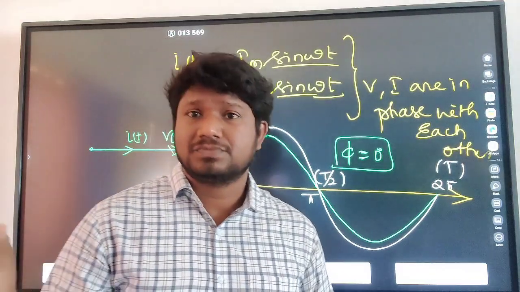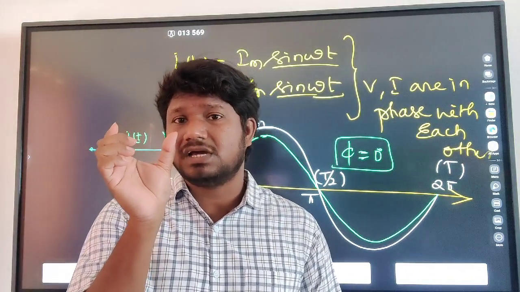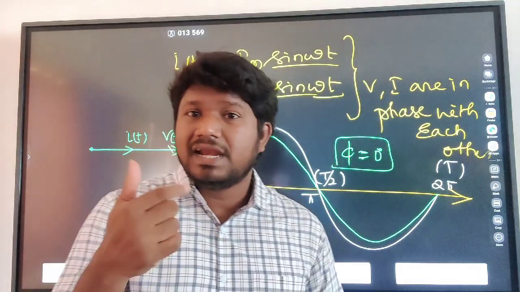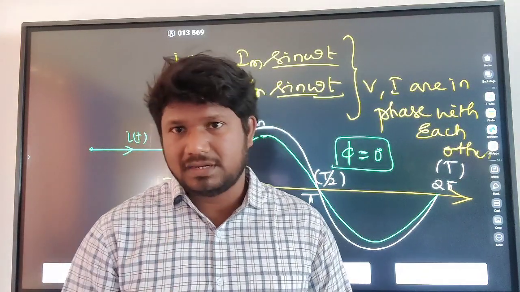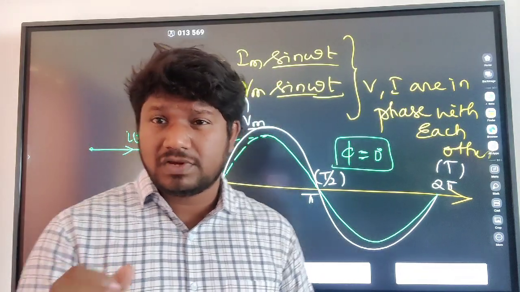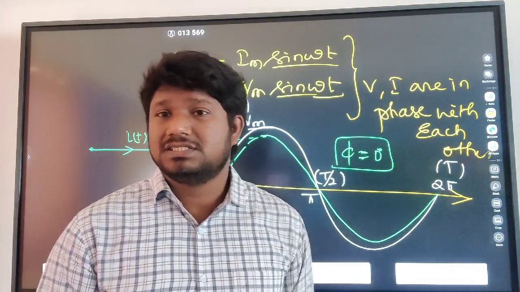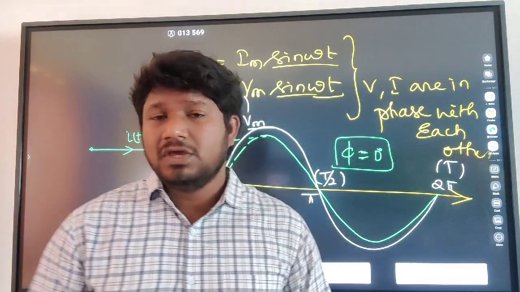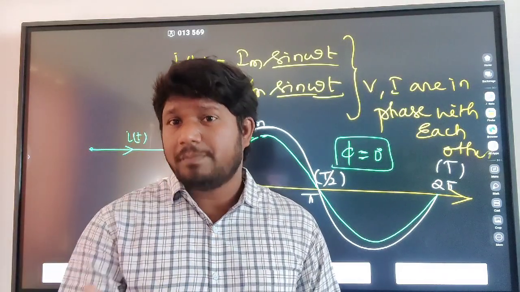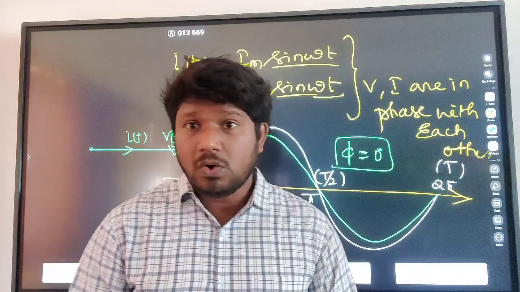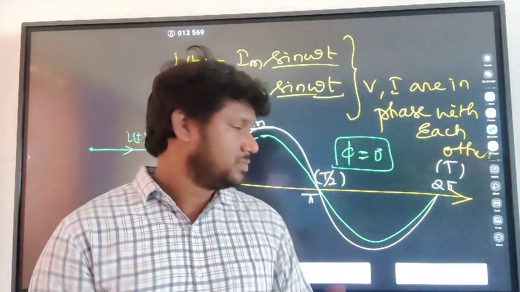The word pure means there is no internal resistance, so no internal drop will happen. The word pure will be used for inductance and capacitance, and sometimes for resistance also. At that time, you should not say any drop is happening in the component. No drop is happening.